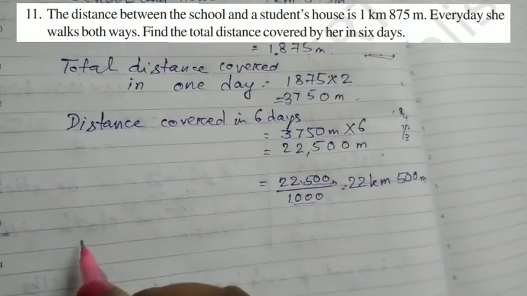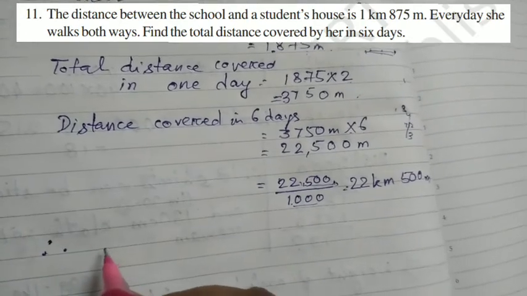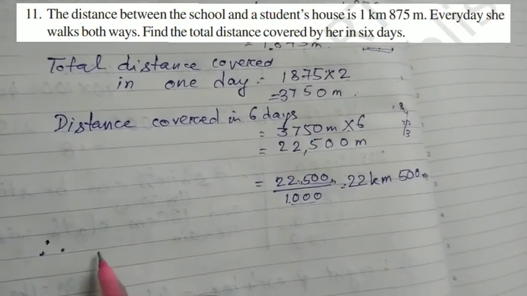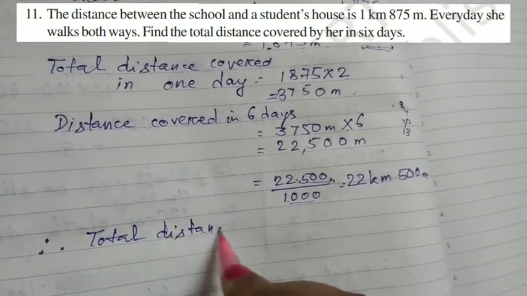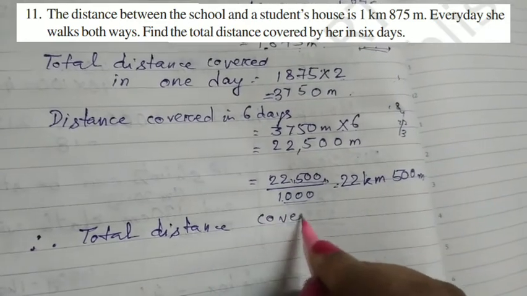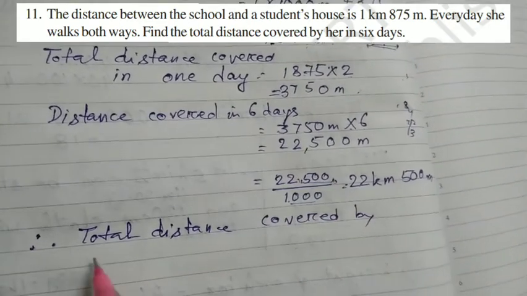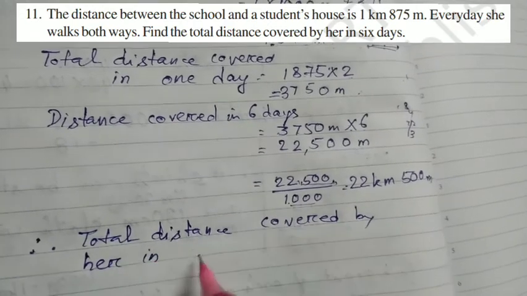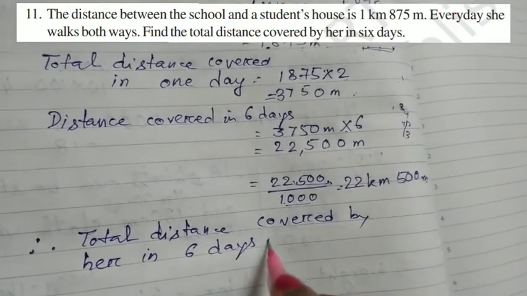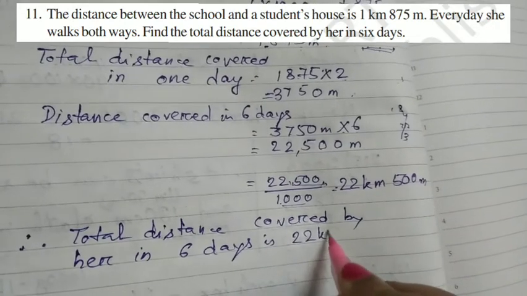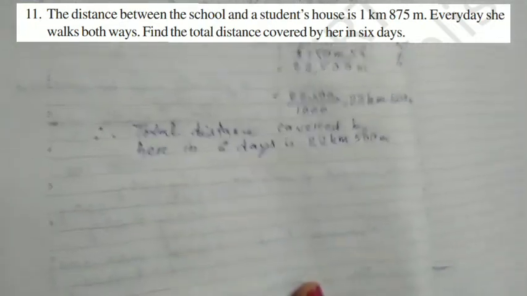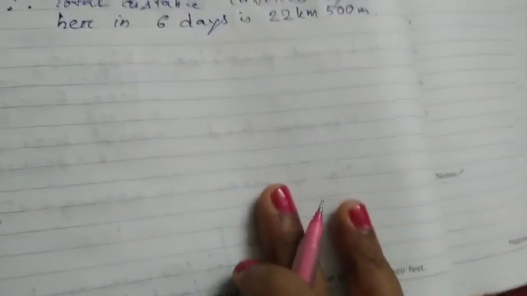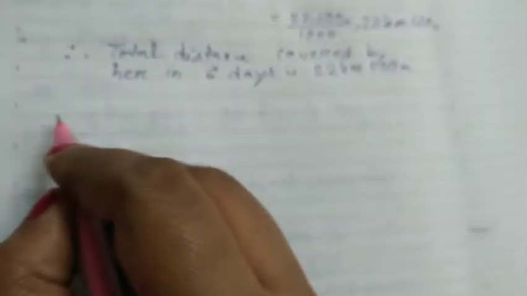So I will write the answer, therefore total distance covered by her in 6 days is 22 kilometer 500 meters. Okay, all right. Next, coming to the last question, question number 12.